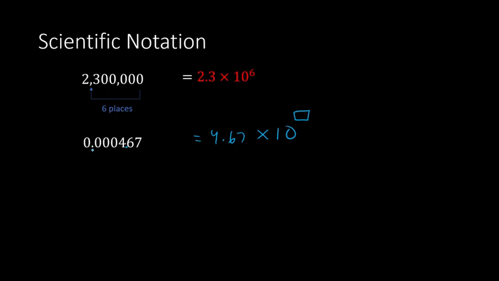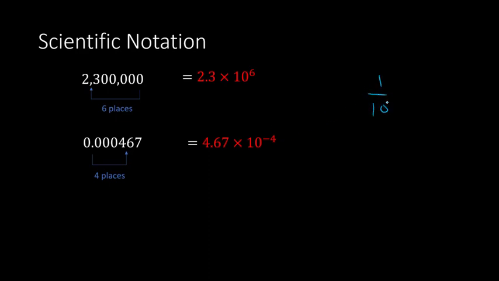Now in this case, our decimal point is going over 1, 2, 3, 4 places. So this would be a 4 up here, but it's going to be a negative exponent because this number is smaller than 1. The 0.000467 is smaller than 1. So we need to write this with a negative exponent because a negative exponent, remember, means 1 over.